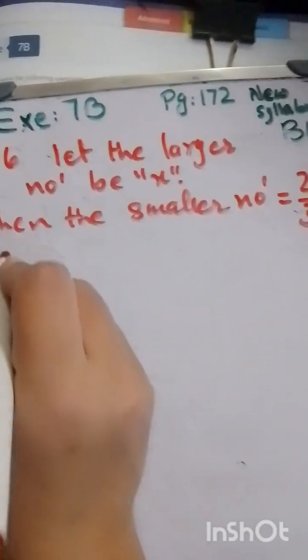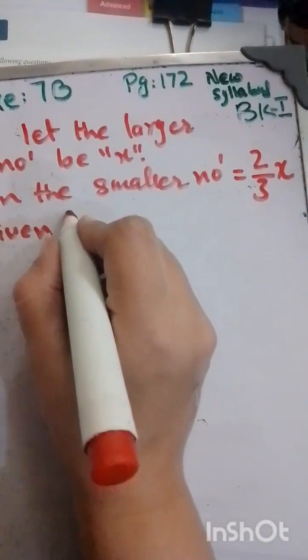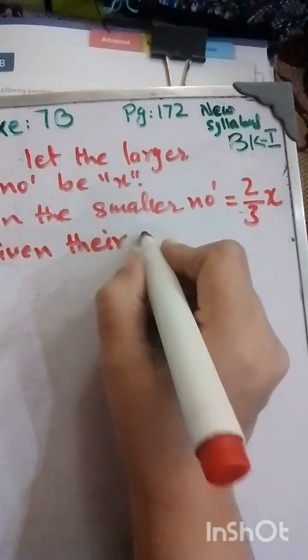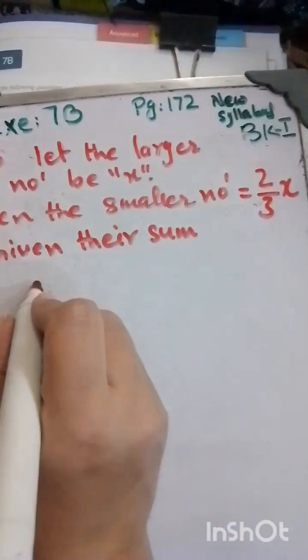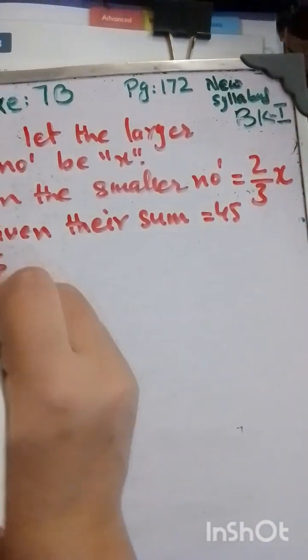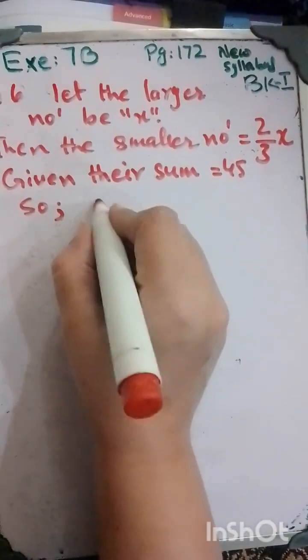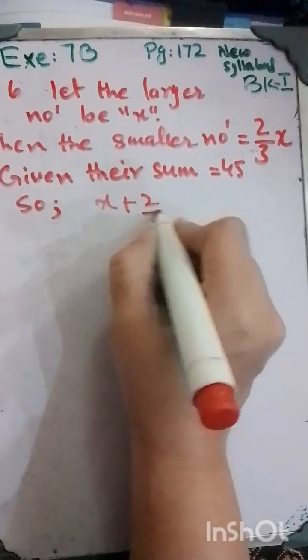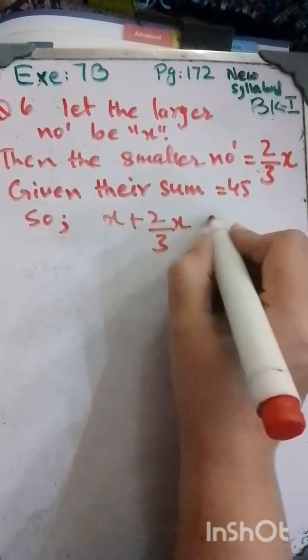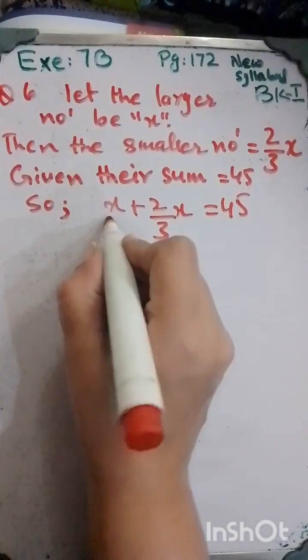So 2/3 into x we will write. I hope that you are understanding the question and finding it the easiest one. What we need to do is to just extract the information, grasp the idea, observe the question thoroughly, understand it, and then explain it in logical form, that is what I'm writing right here.